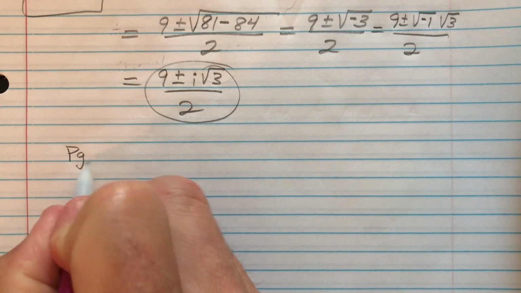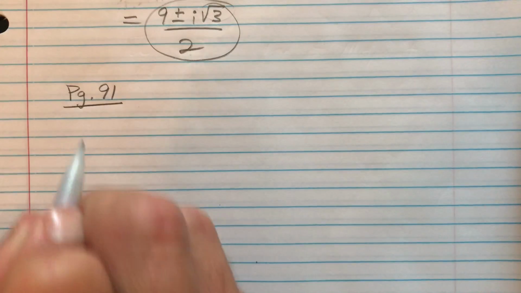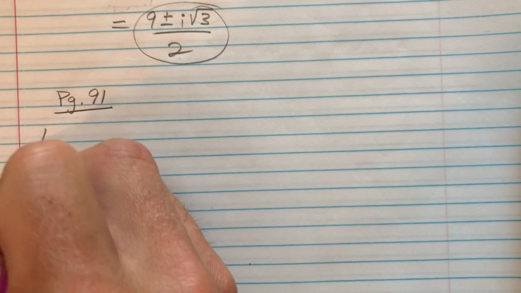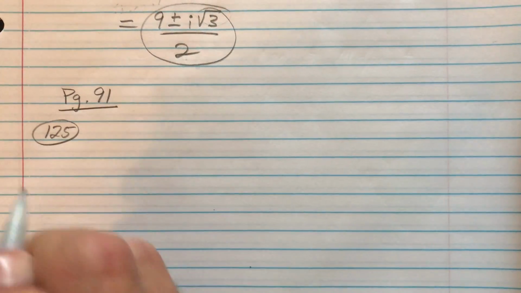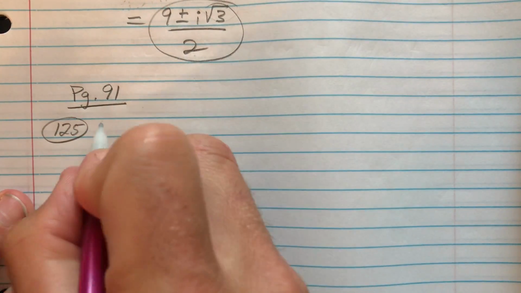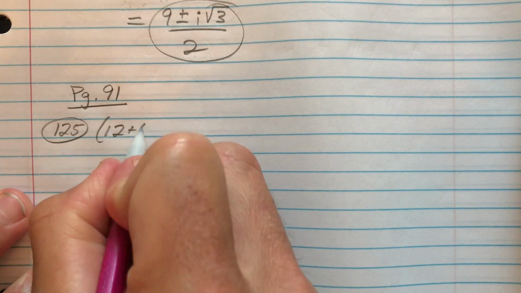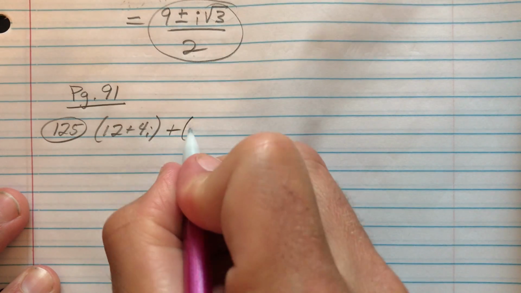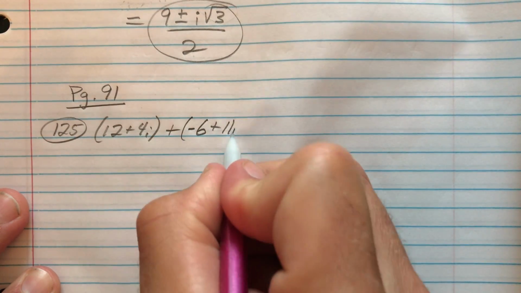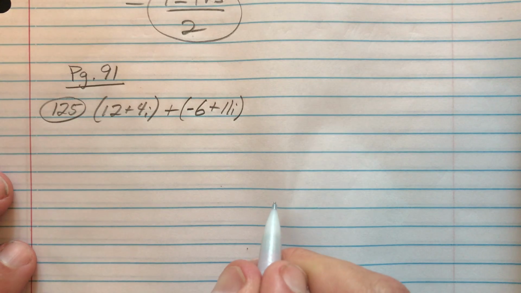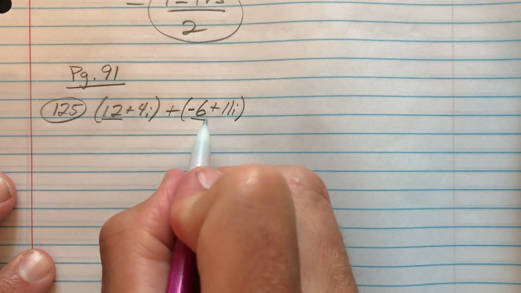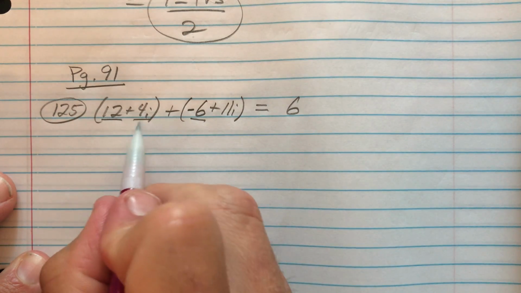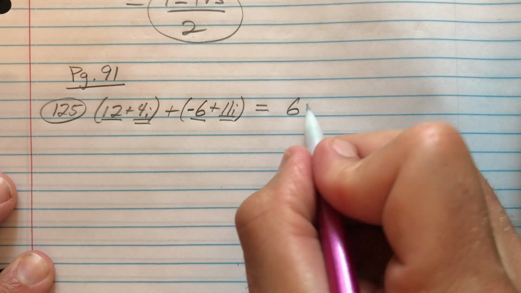On page 91, let's start with 125. 125 says you have 12 plus 4i plus negative 6 plus 11i. We simply are going to combine like terms. 12 and negative 6 add up to 6. 4i and 11i is 15i.